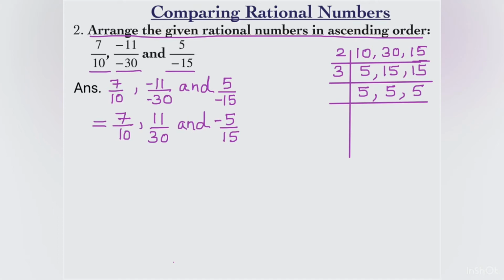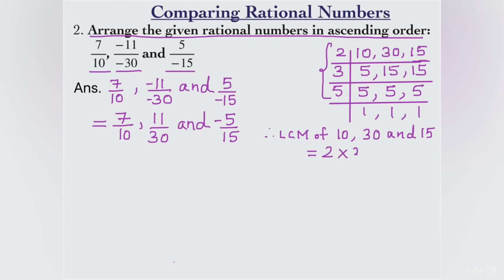Now we are going to choose 5 as the prime factor and divide. 5 times 1 is 5, for each of them. Therefore, the LCM of 10, 30 and 15 is equal to multiplying these factors: 2 times 3 times 5, which is 2 times 3 is 6, 6 times 5 is 30. Therefore, LCM is equal to 30.